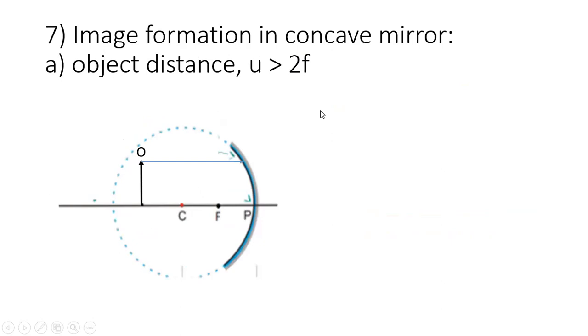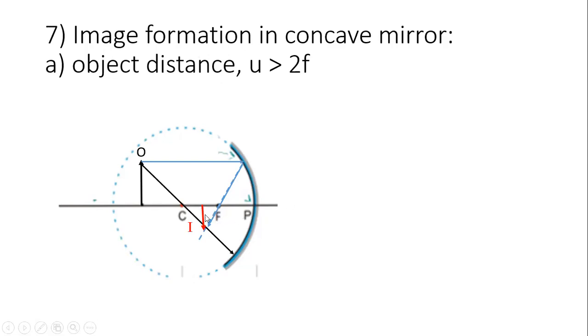That's the object. That's the first ray, reflected towards F. After reflection, it goes through F. Second ray goes to the center of curvature, and is reflected back. So 2 rays are enough already.